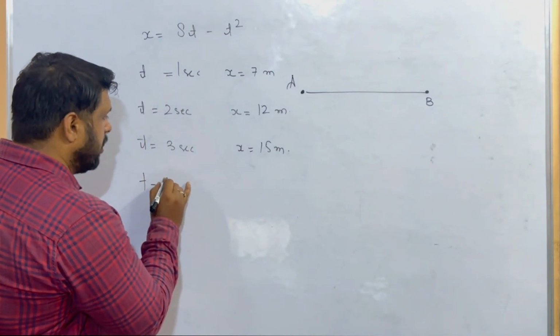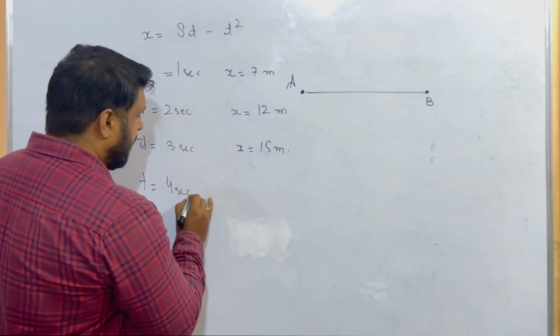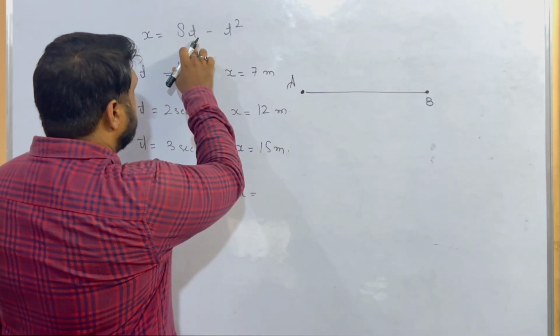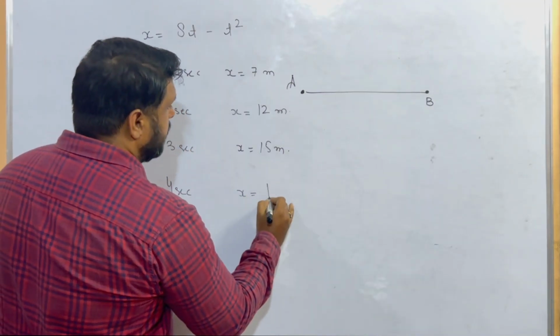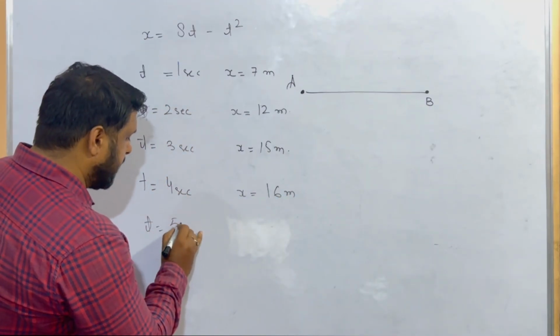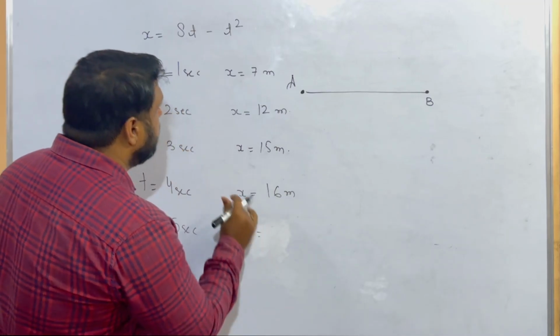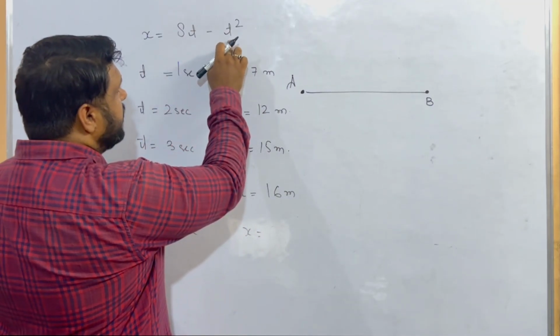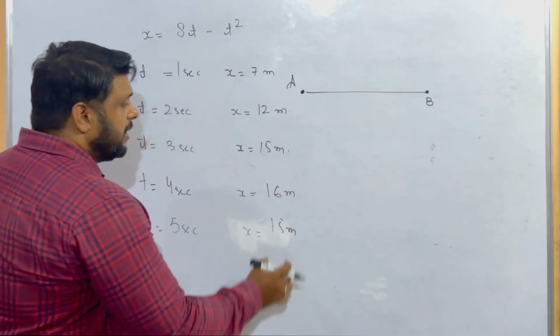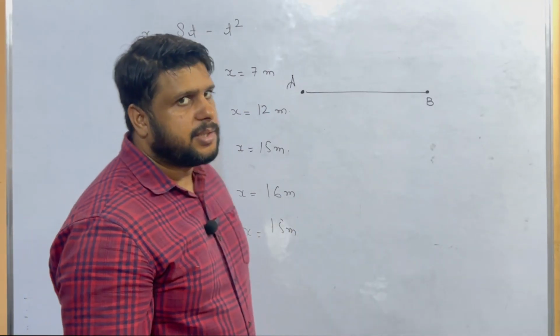Now t is equal to 4 seconds, x is equal to 32 minus 16, so it is 16 meter. Now t is equal to 5 seconds, 8 into 5, 40, 40 minus 25, 15. So here you can see that the distance traveled is decreasing.